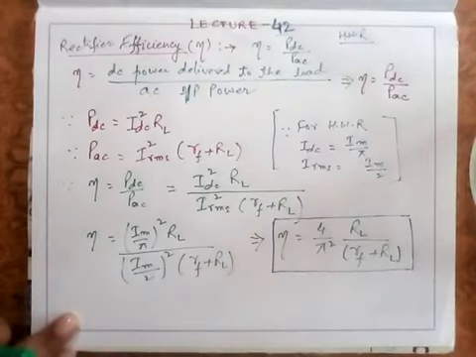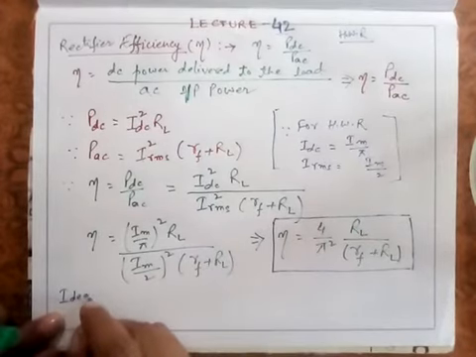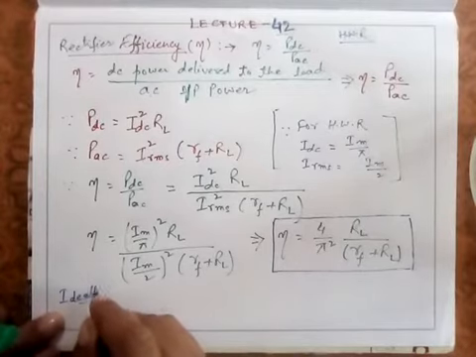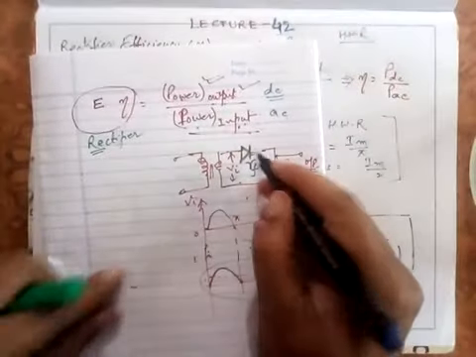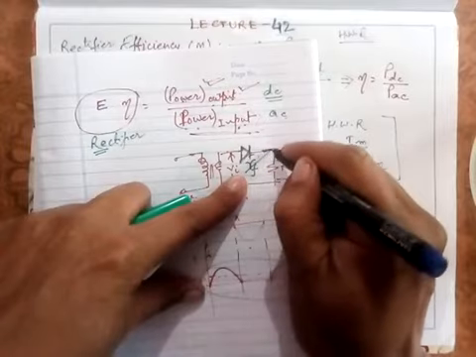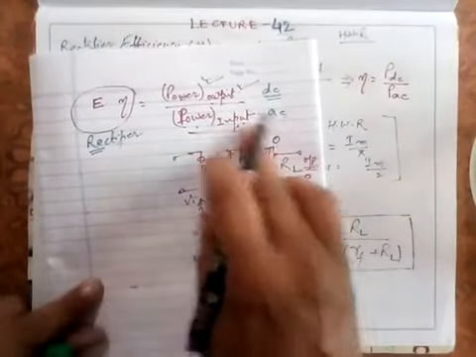Now ideally, if I assume an ideal diode here, this RF is 0. It does not offer any resistance. It is a zero resistance diode.